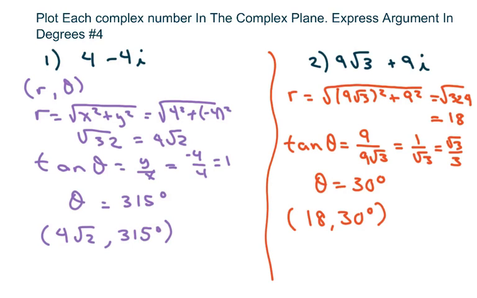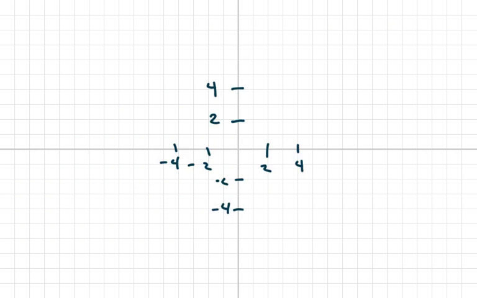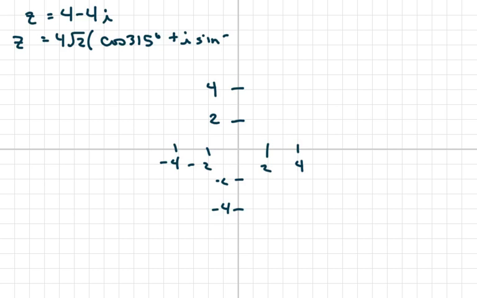Now we can plot this, and for the first one, again, my polar form would be z equals 4 minus 4i, and my argument in degrees would be 4 square root of 2 times cosine of 315 plus i sine of 315 degrees.